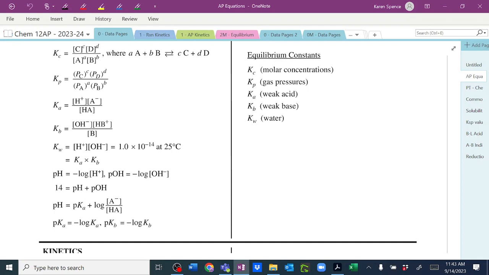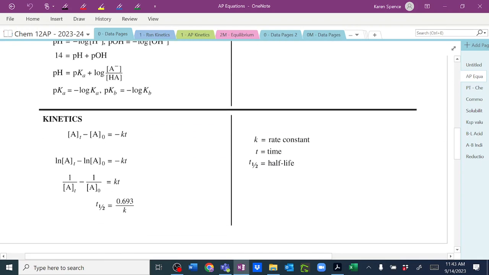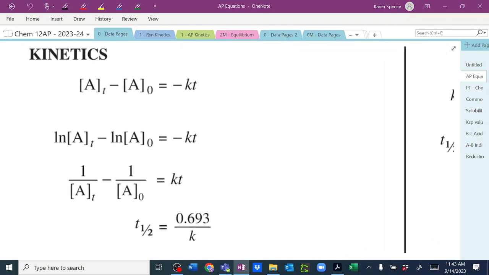We go to the bottom of the first page, and we find kinetics. Look what we've got here. We'll get into these formats of the reactions, but it goes 0, 1, 2. So 0th order, if you plot A versus time, you'll get a straight line.